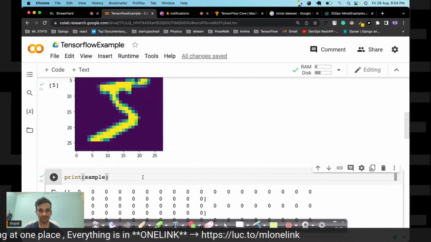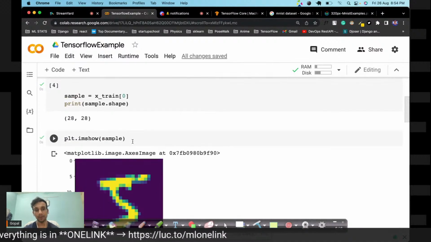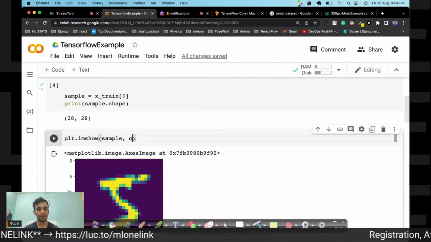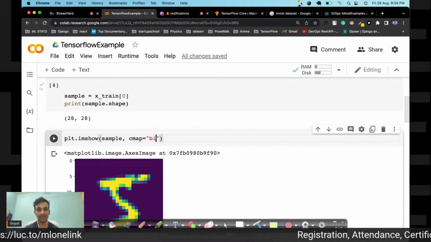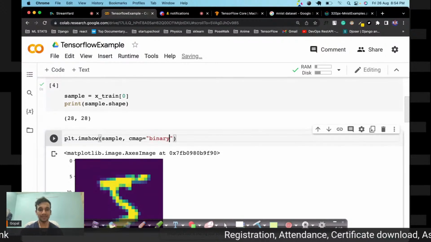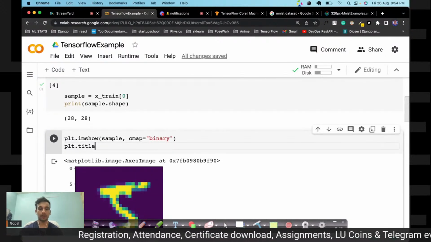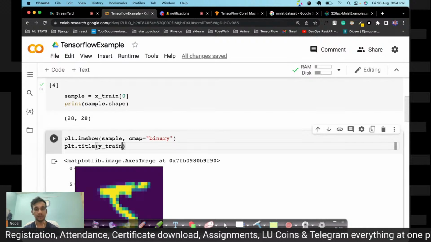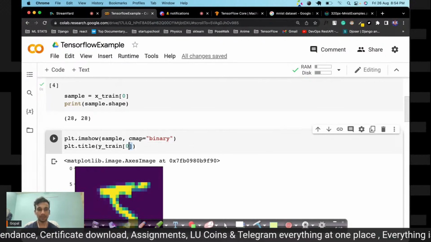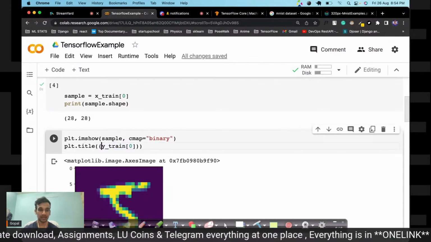And now the label for this is what. You can also manipulate this value with the help of cmap, and I can just put it as binary. And now if I use plt.title, the title will be ytrain of the 0th value, and I can put this value as a string.